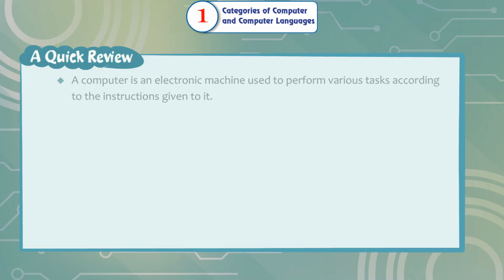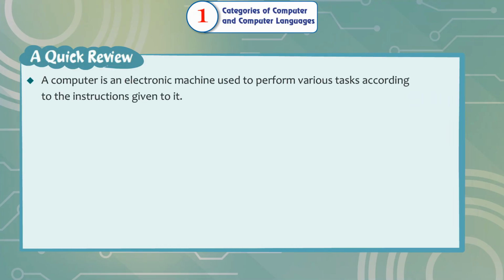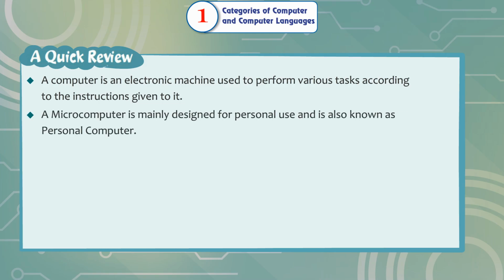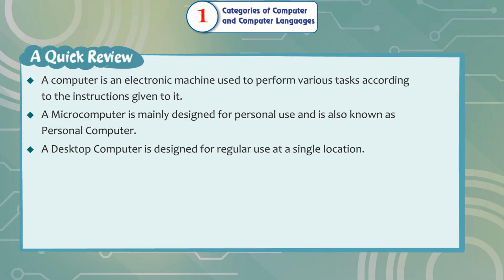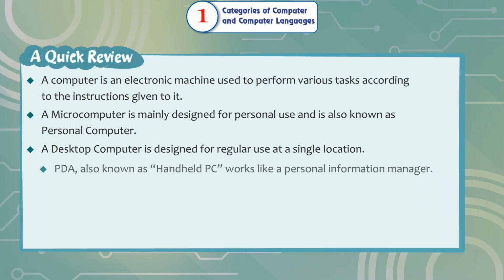A quick review. A computer is an electronic machine used to perform various tasks according to the instructions given to it. A microcomputer is mainly designed for personal use and is also known as personal computer. A desktop computer is designed for regular use at a single location.